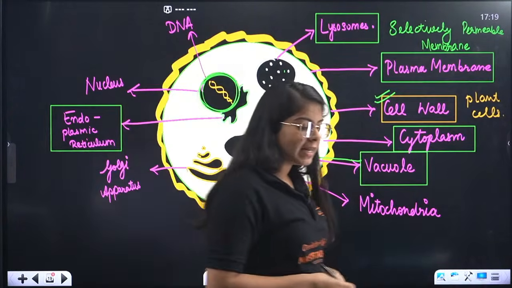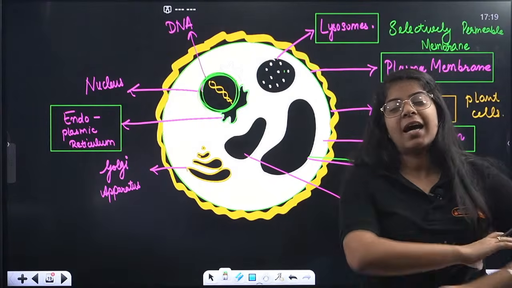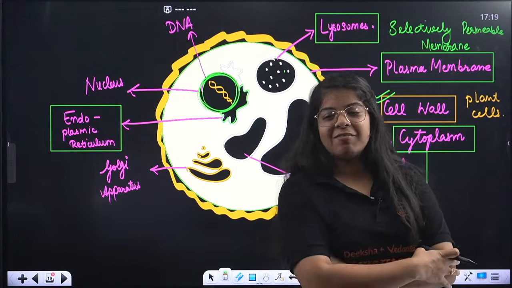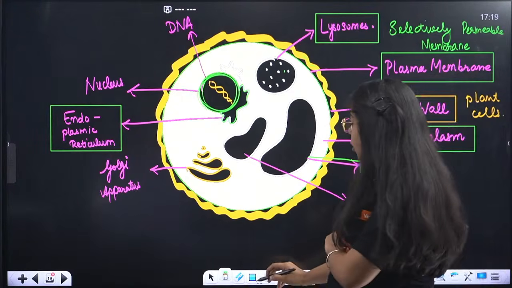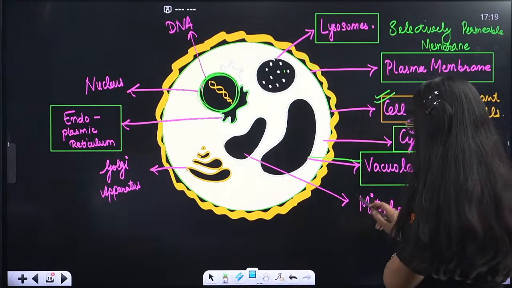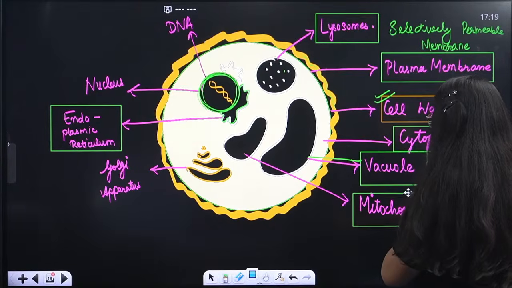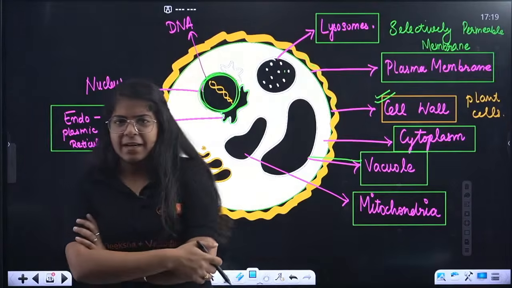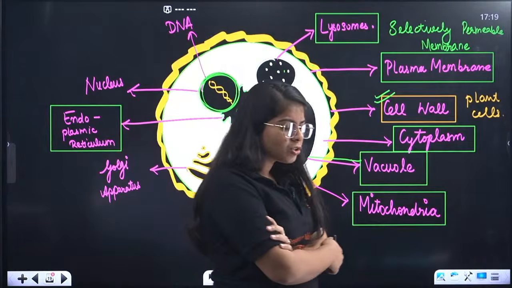Which part of the cell is the powerhouse? Mitochondria is the powerhouse of the cell. Very good, Dhruv. It creates energy for the cell. That's the definition of powerhouse of the cell.